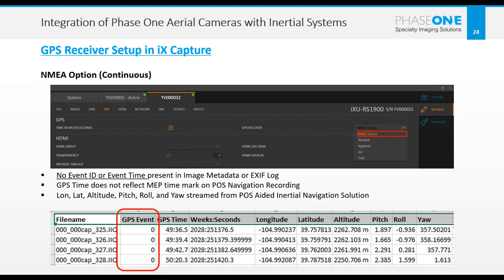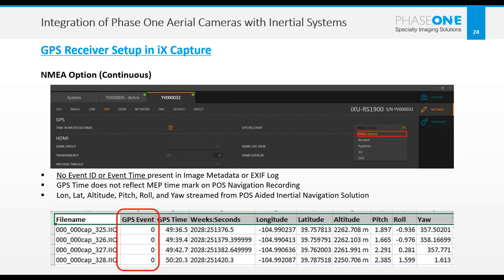So no GPS event, which means we have longitude, latitude, and altitude, pitch, roll, and yaw, but those values belong to what we called before the aided inertial navigation solution.